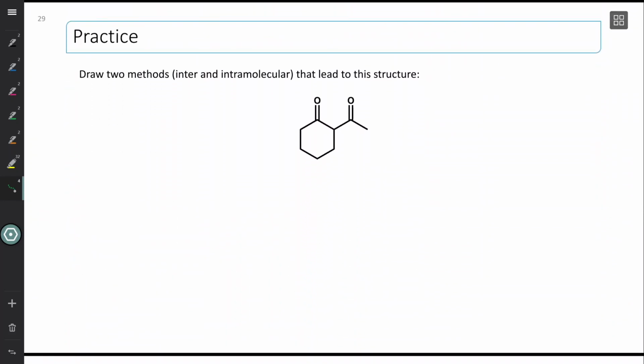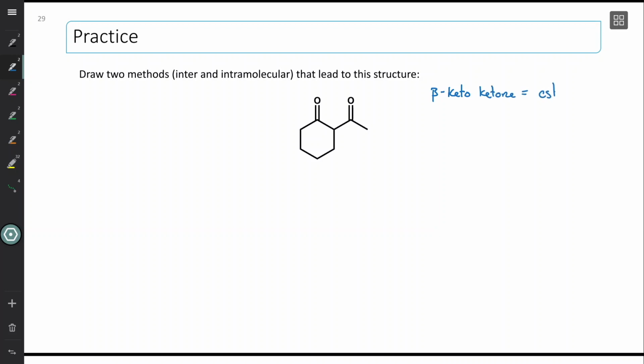Okay, so here's a little practice where we're trying to draw the two ways that we could form this structure, one intermolecular and one intramolecular. First, we look at it, it's a beta ketone, right?